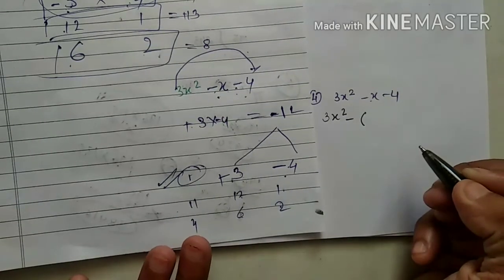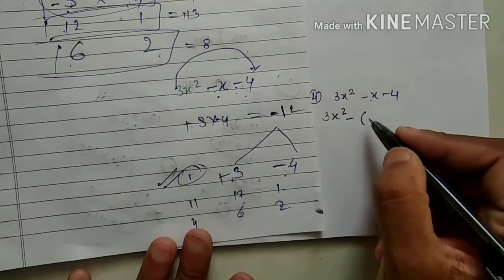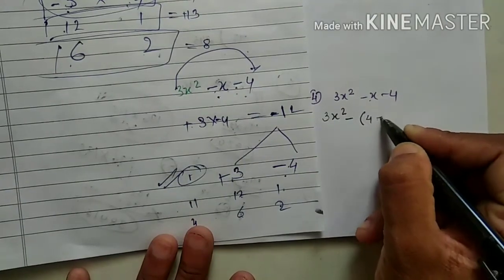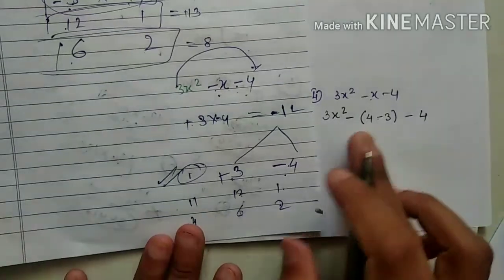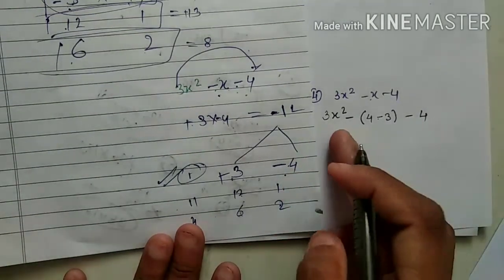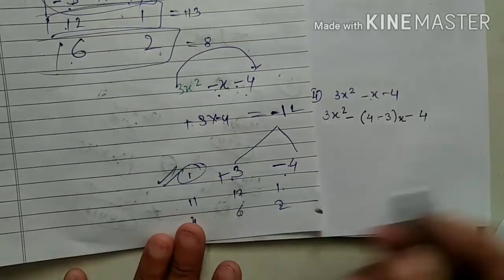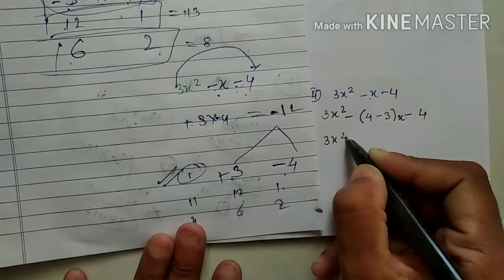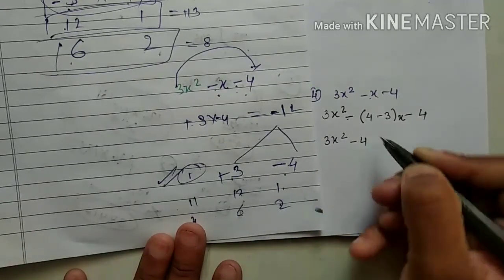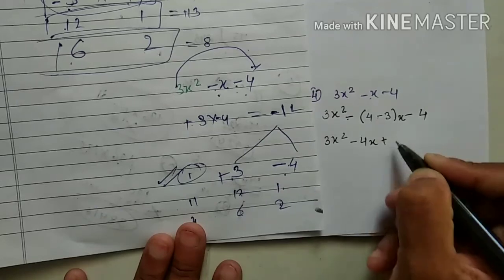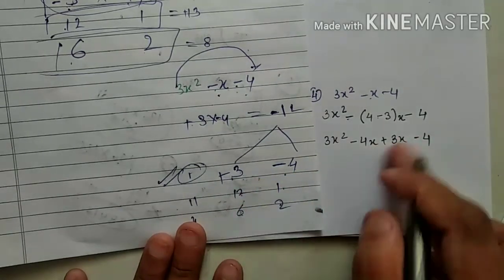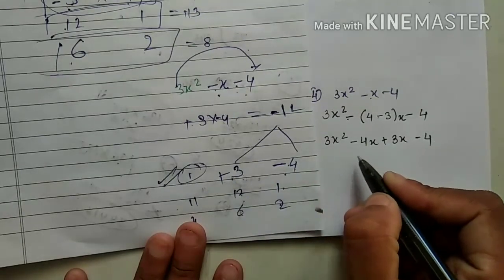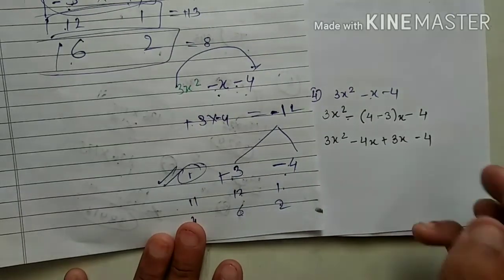If you are taking it as a common, you will write like this. 4 minus 3 minus 4. Why? Because minus you have taken common, you have to write here x. Just multiply. 3x square, open the bracket, minus 4x plus 3x minus 4. Getting the same? Correct? After that, make the pairings very carefully.